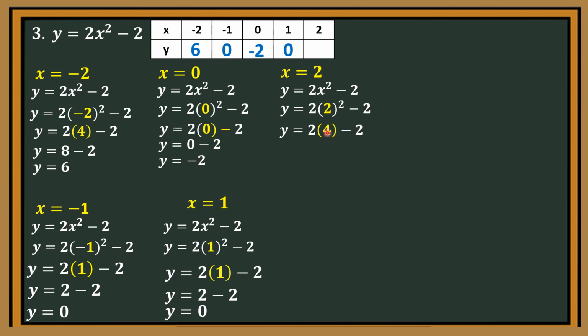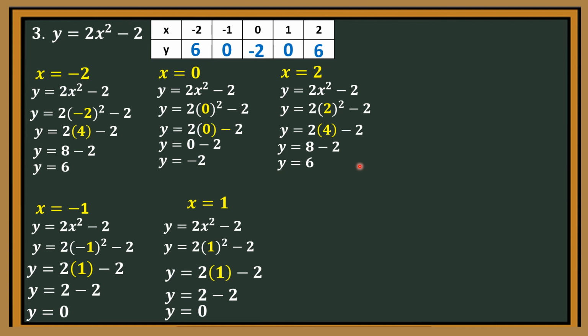Saan nakuha si 4? Dito kay 2 squared. Kasi 2 times 2 ay positive 4. Kaya ito siya. Then, multiply na natin yung dalawa. Y is equal to 8 minus 2. Then, subtract. Y is equal to 6. Lagay natin sa table. So, mapapansin natin, kumpleto na ang table natin.